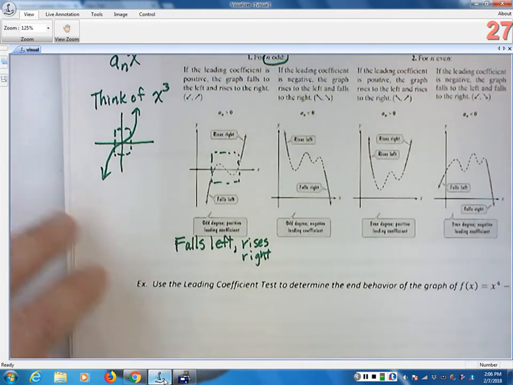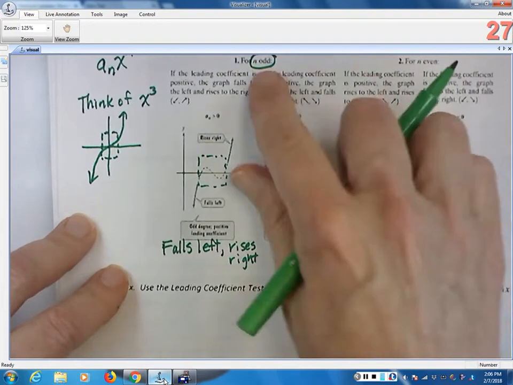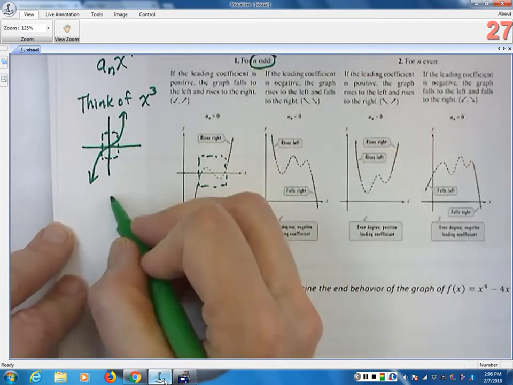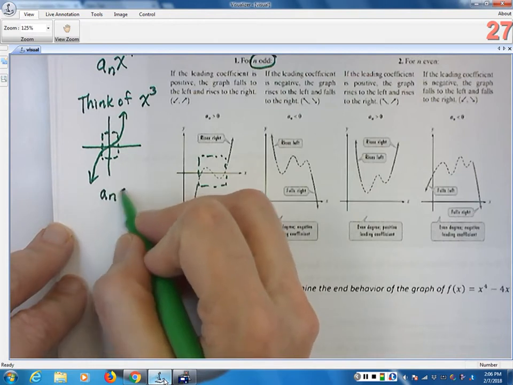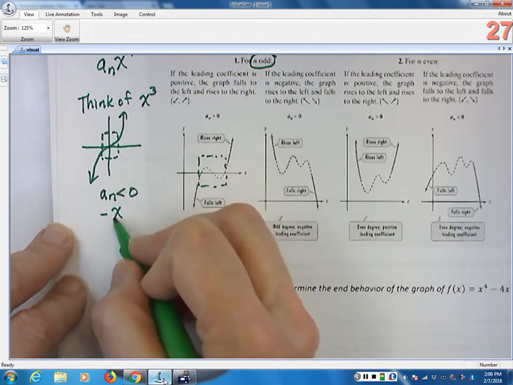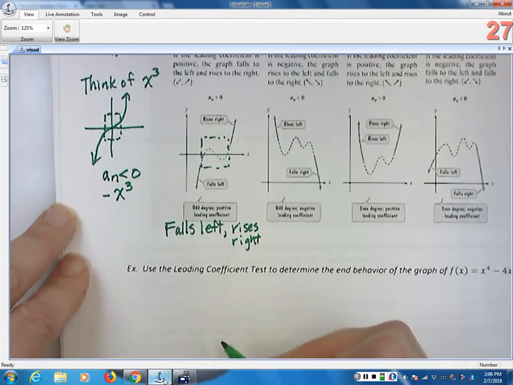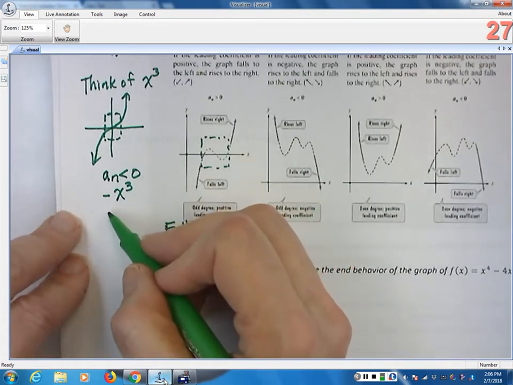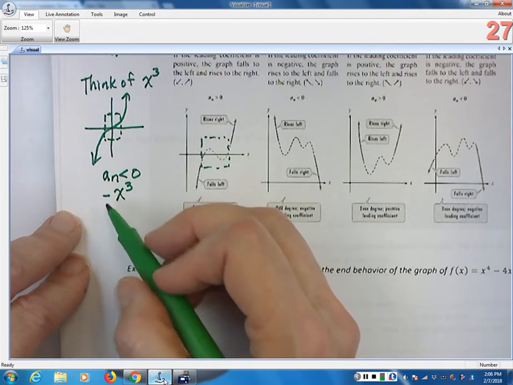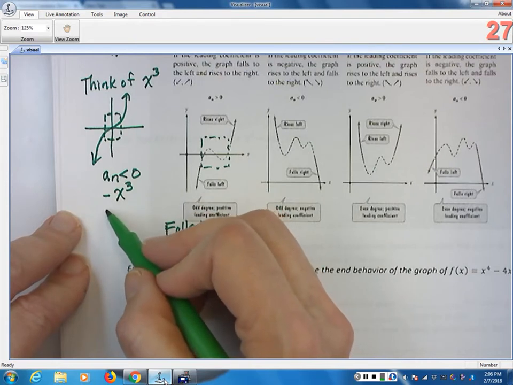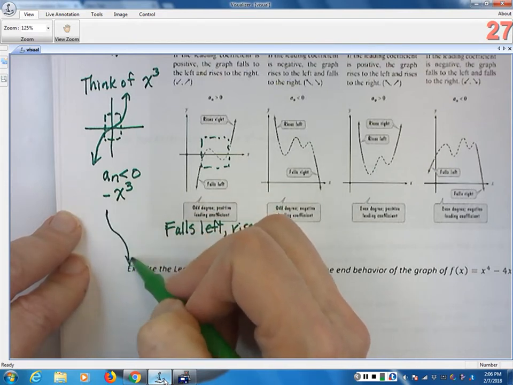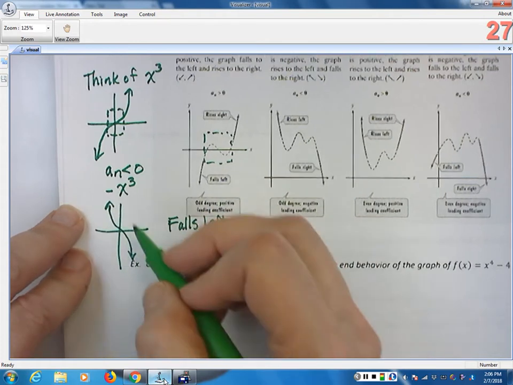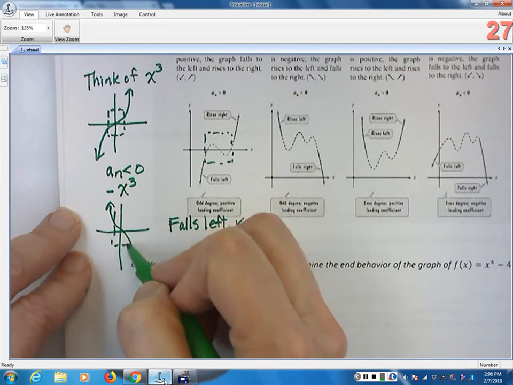That's its end behavior. If a sub n is less than 0, then you just put a minus sign in front of x cubed. That's really a flip about the x-axis. Flip the function, and we put a little box.